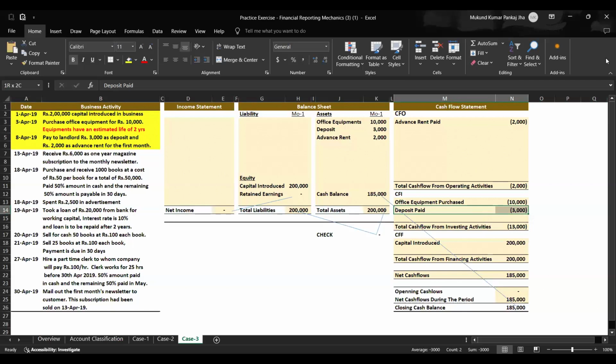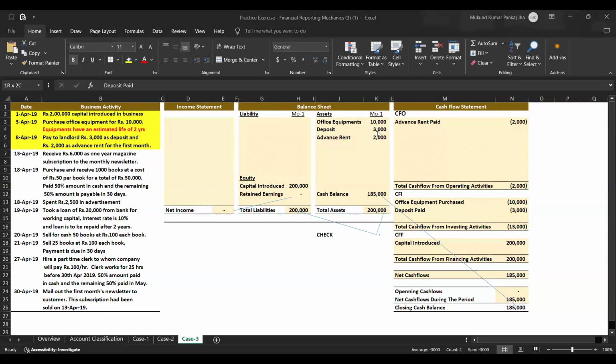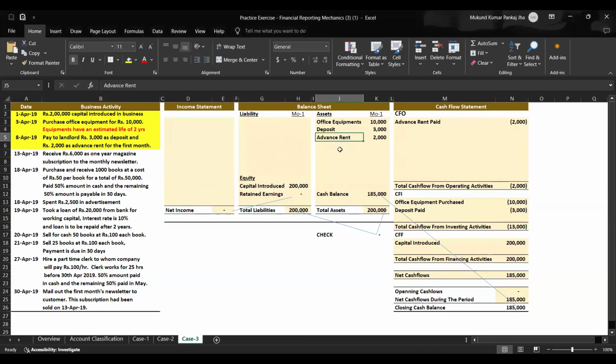Perfect. Why is advance rent an asset? The second question is why advance rent is an asset. Let's suppose, PP, I have taken your property on lease. Before shifting to your property, I got to know from someone that water supply for your property is not that great, and based on that I decided that I am not going to use that property and I want to cancel the contract.